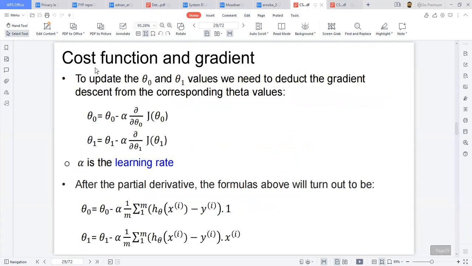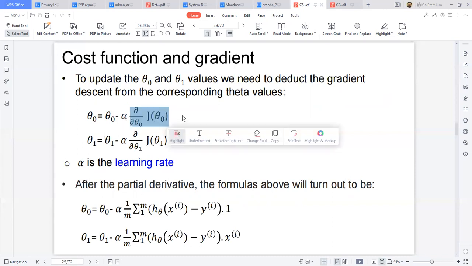As you can see here, the cost function and gradient. To update the theta naught and theta 1 values, we deduct the gradient term from the corresponding value. Theta naught is the previous value minus alpha, which is the learning rate, times the partial derivative with respect to theta naught.